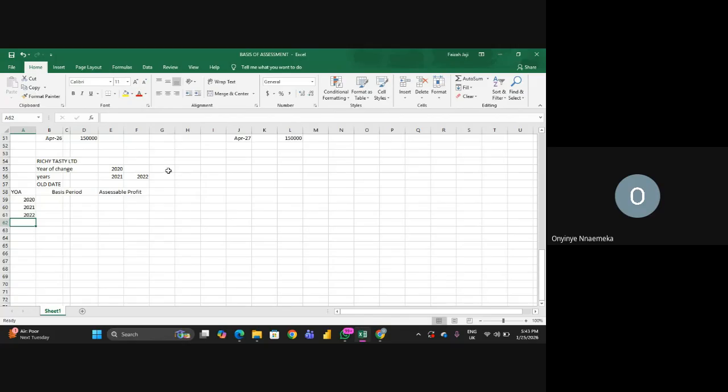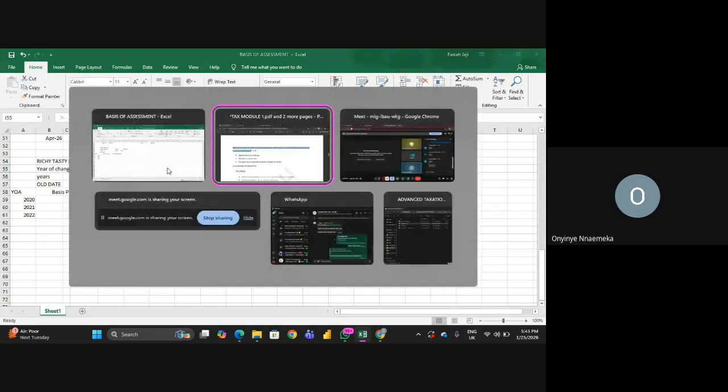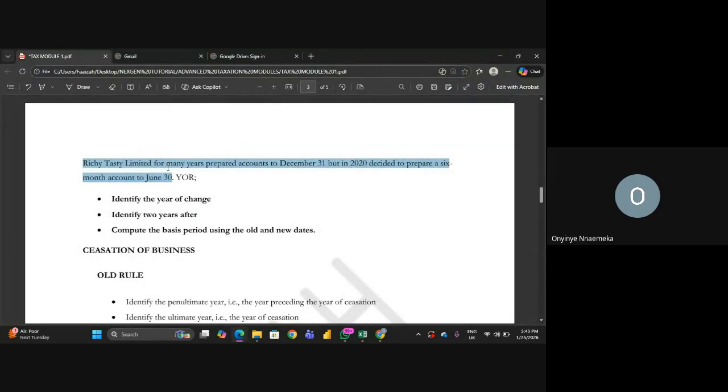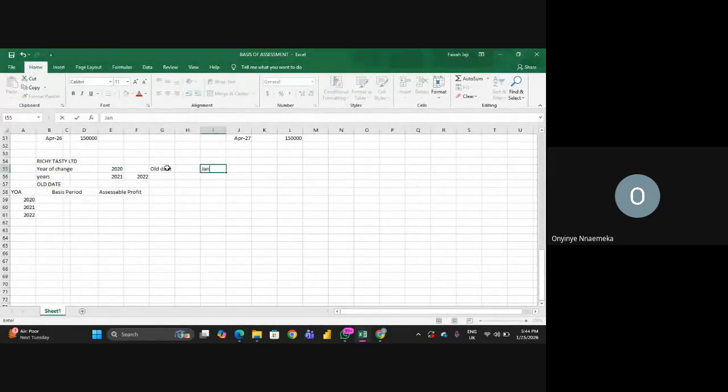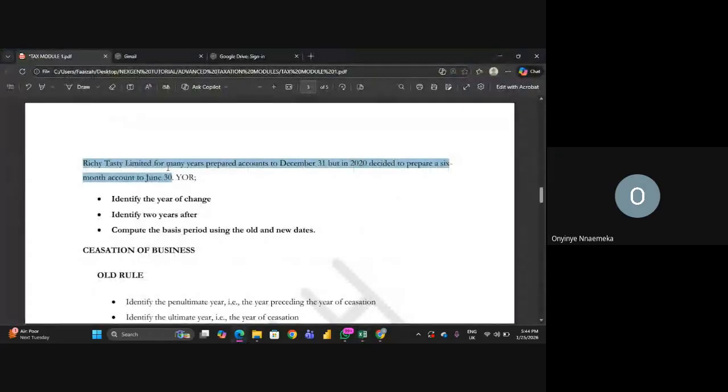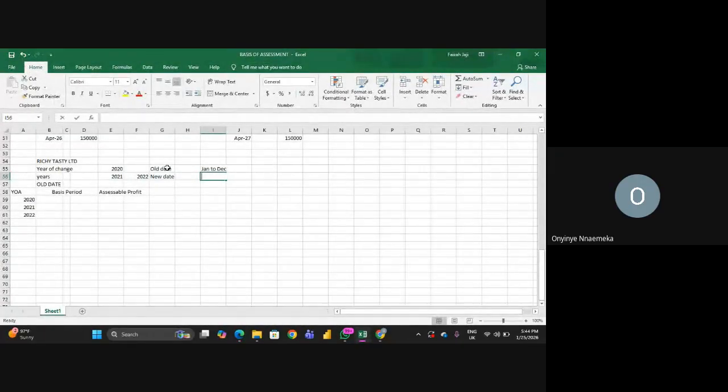And the old date is, let's put it out. Old date is December 31st. That is January to December. While the new date is June. So that will be July to June. So now we are using the old date, which means our base period will be based on January to December.